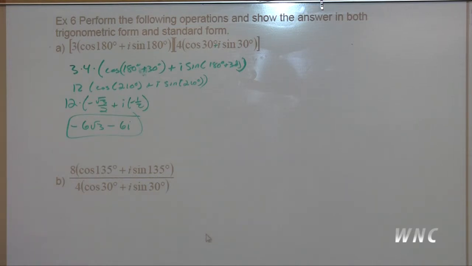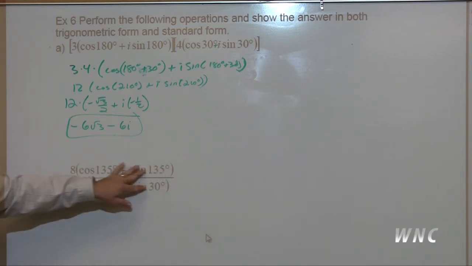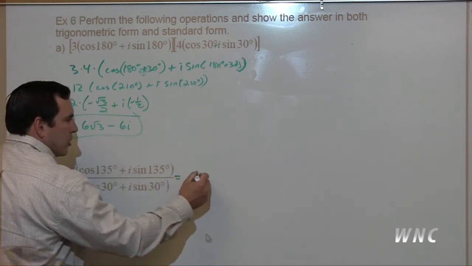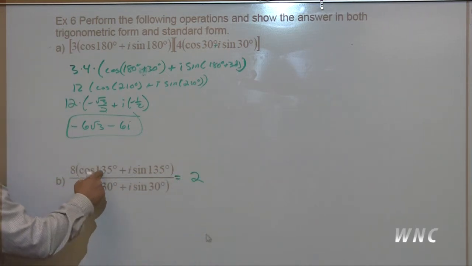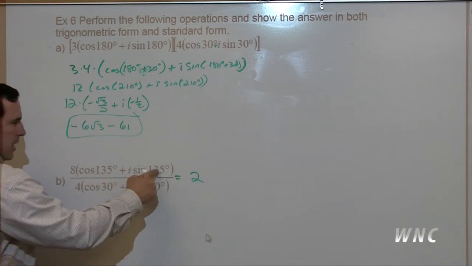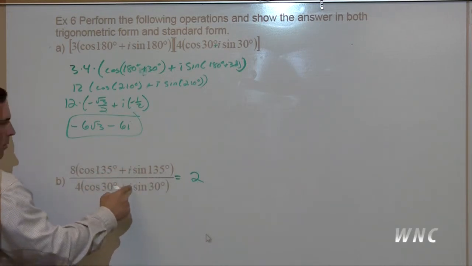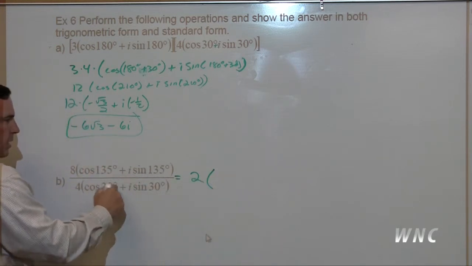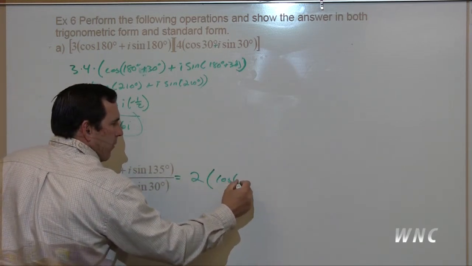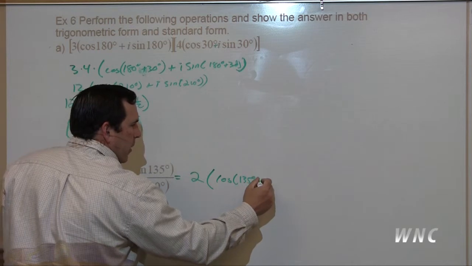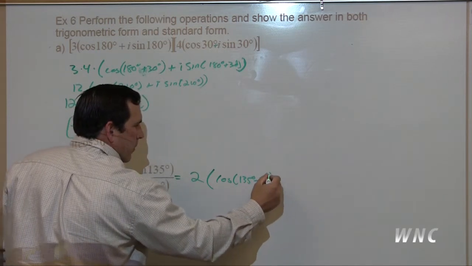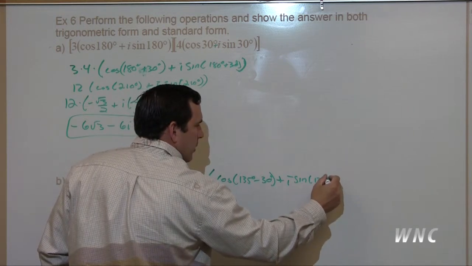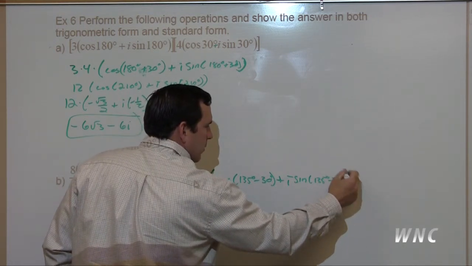Okay, for the next one, we're going to perform the division that's going on here. So we're going to have 8 divided by 4, it's 2, times cosine 135 degrees plus i sine 135 over cosine 30 plus i sine 30. So that's going to be 2 times, we're going to be subtracting these, cosine of 135 minus 30 plus i sine of 135 degrees minus 30 degrees.